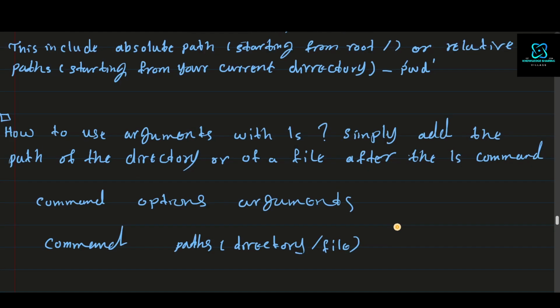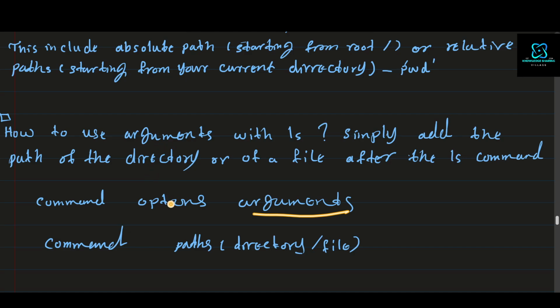The next question that you may ask: how to use argument with the ls command? It is simply add the path of the directory or a file after the ls command. In the first section we have learned the syntax for ls command. We have the command name, ls here, and then options, and then arguments.